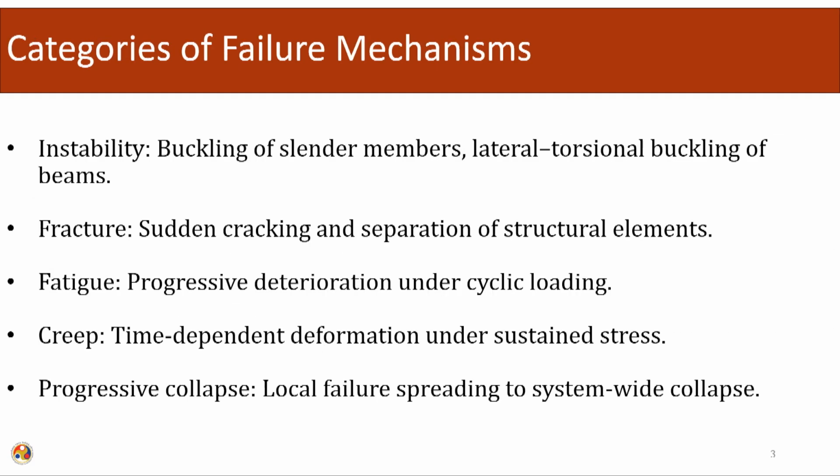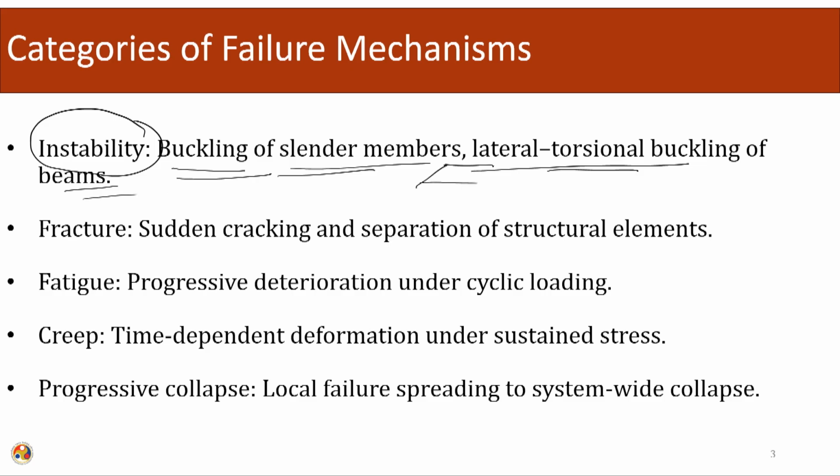Instability: the structure might become unstable. Normally buckling of slender members occurs, or lateral torsional buckling of the beam. If my column is slender, then before crushing, the entire system might buckle, or in a beam, lateral torsional buckling might occur.